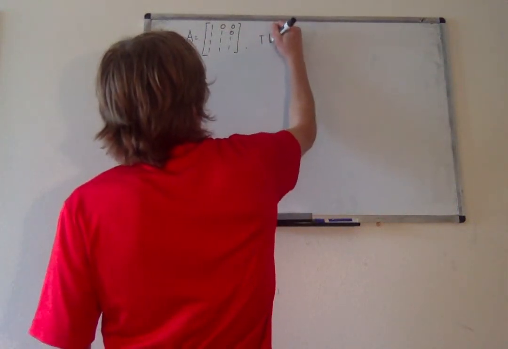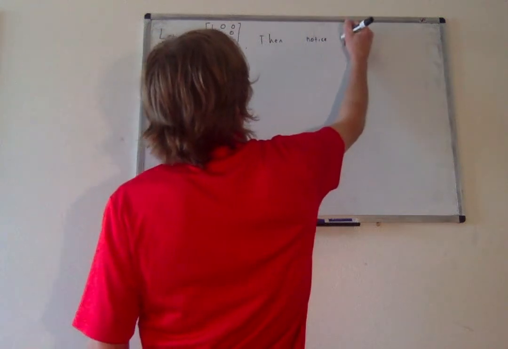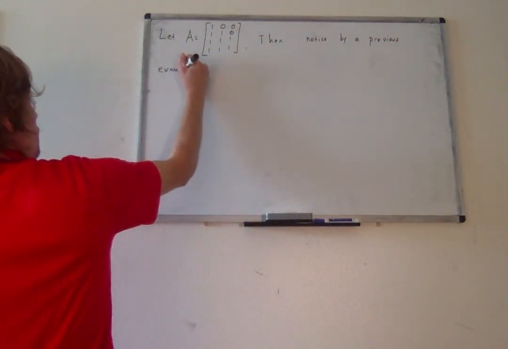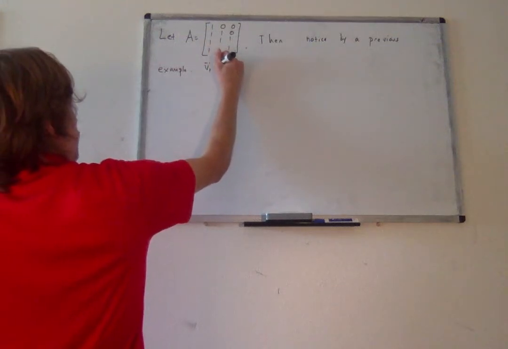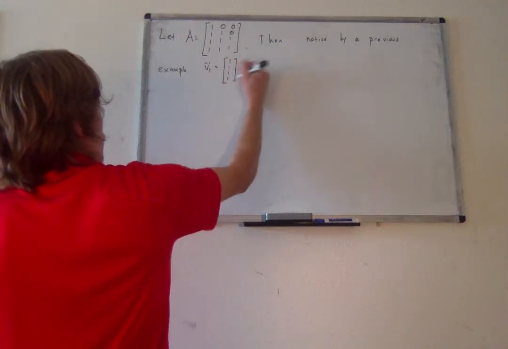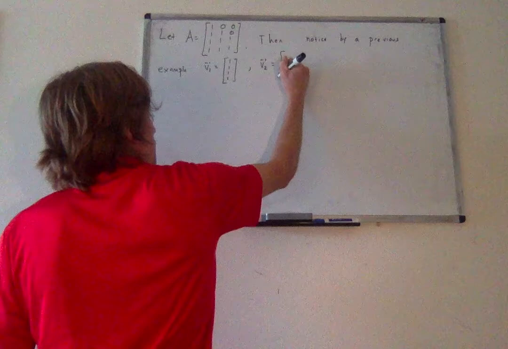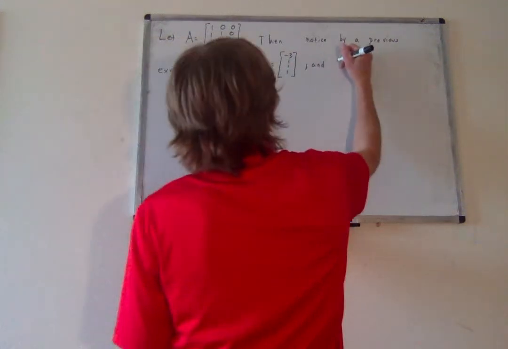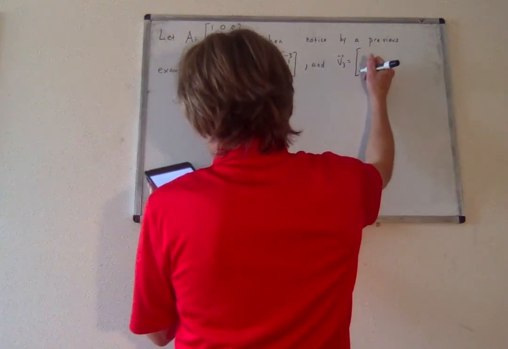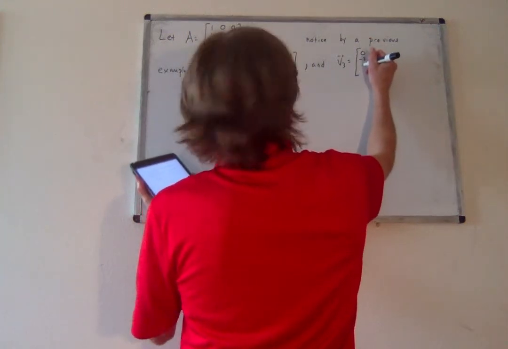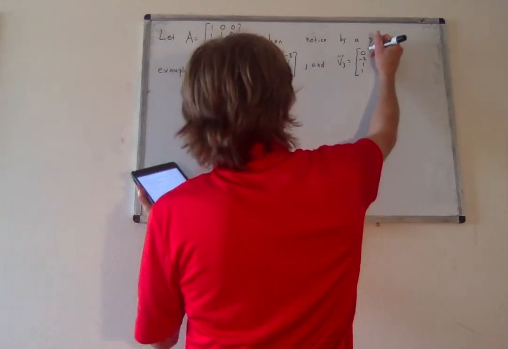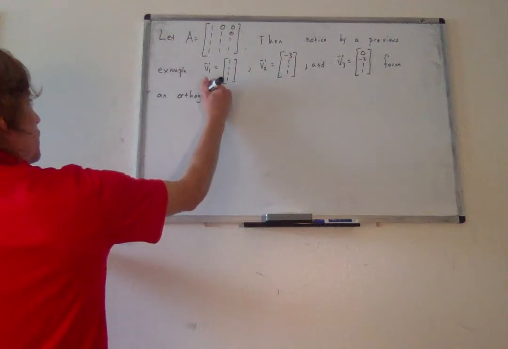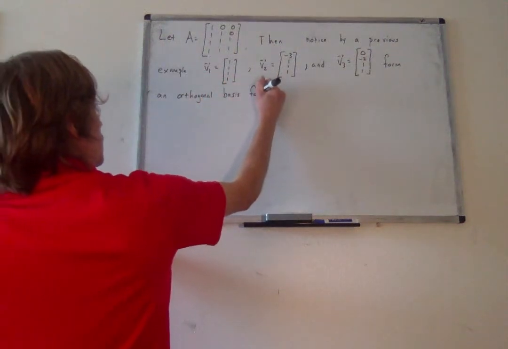Then notice that by a previous example, these three vectors, v1 equal to 1, 1, 1, 1, v2 equal to -3, 1, 1, 1, and, or sorry, v3 equal to 0, -2, 1, 1, form an orthogonal basis for the column space of A.